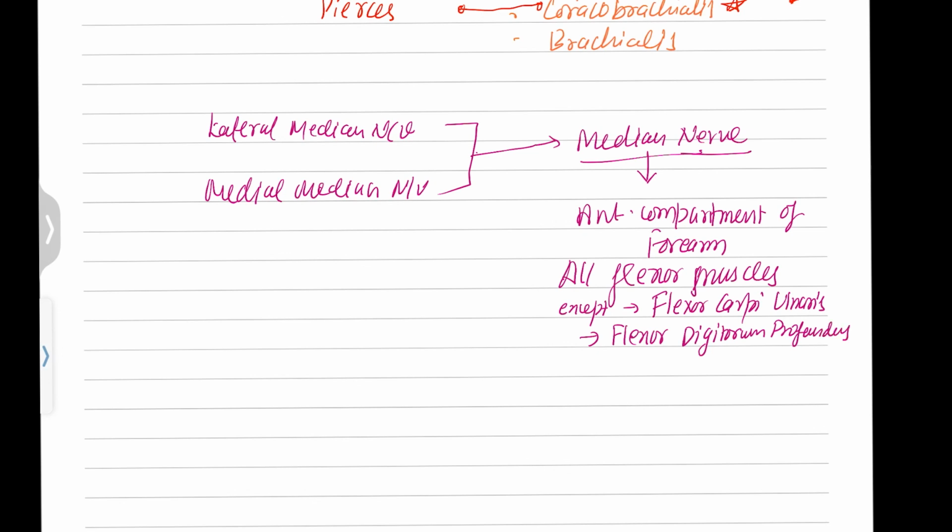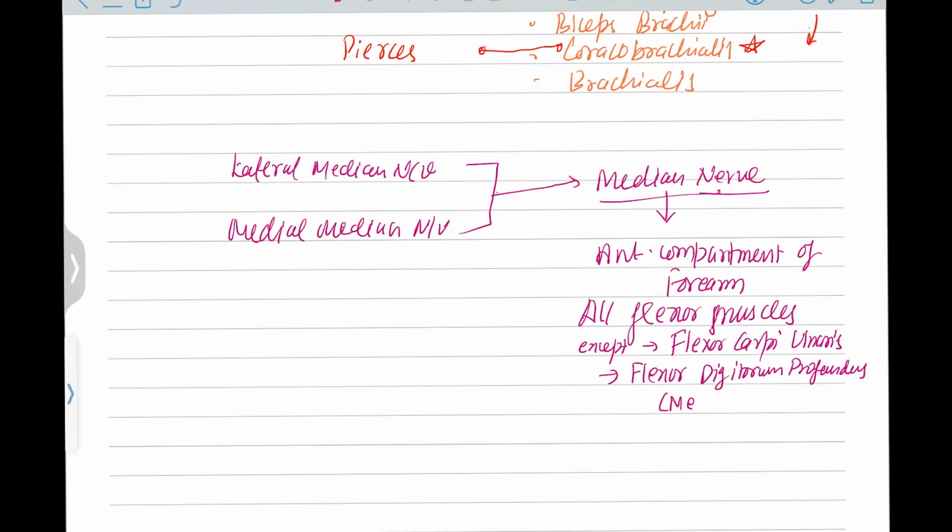Flexor carpi ulnaris and the medial half of the flexor digitorum profundus are going to be supplied by the ulnar nerve only.